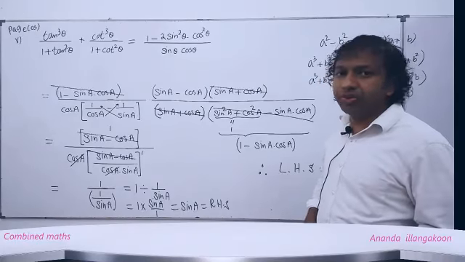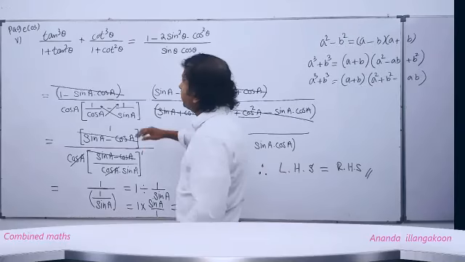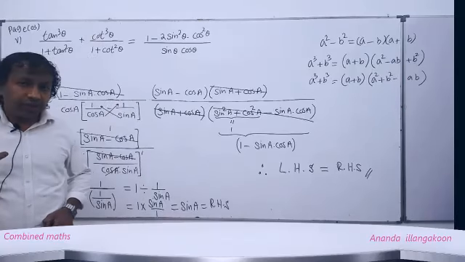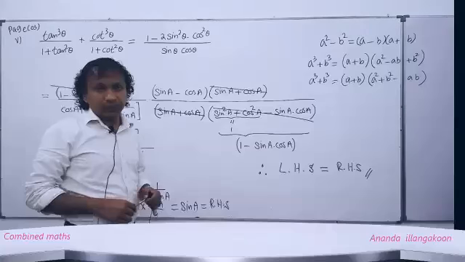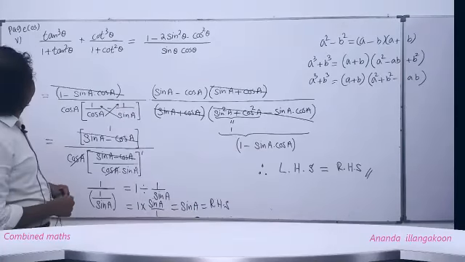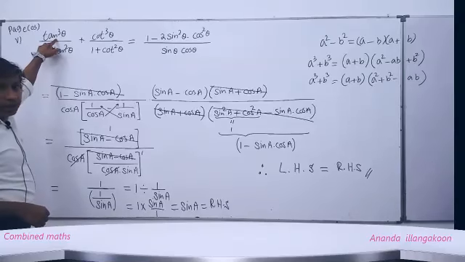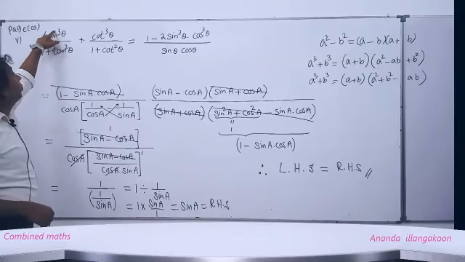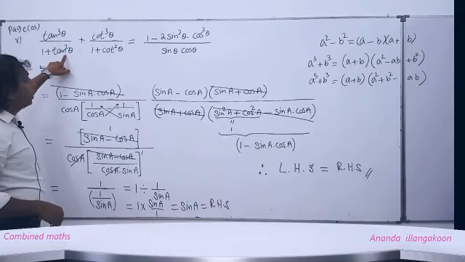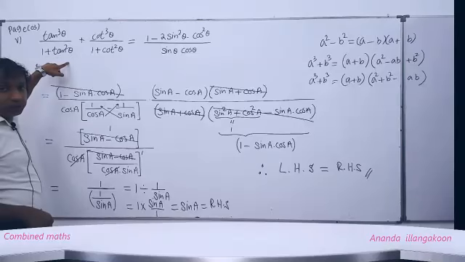To do this, convert this tan and cot. Write this tan and cot in terms of sin and cos. Tan cube theta is sin cube theta divided by cos cube theta. Tan square theta is sin square theta divided by cos square theta.